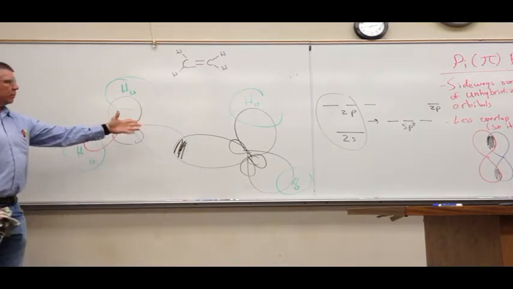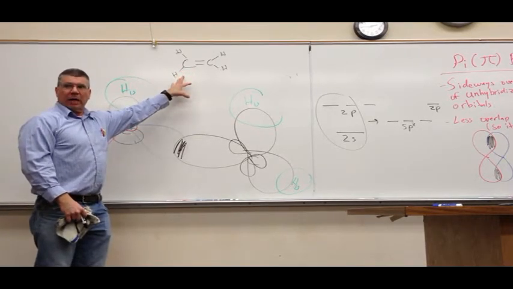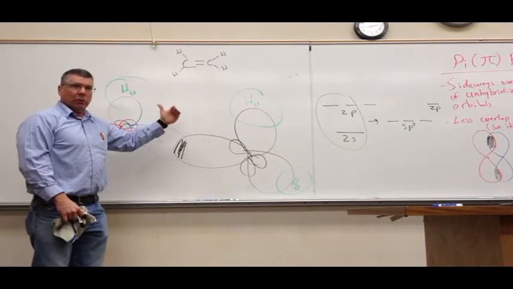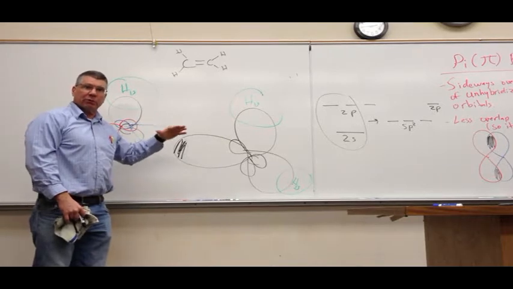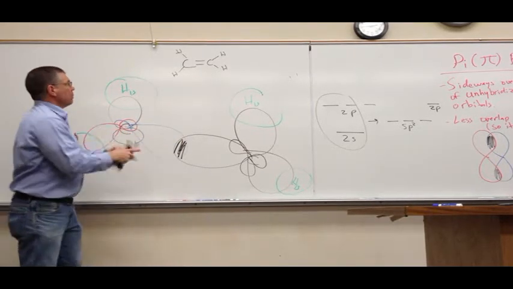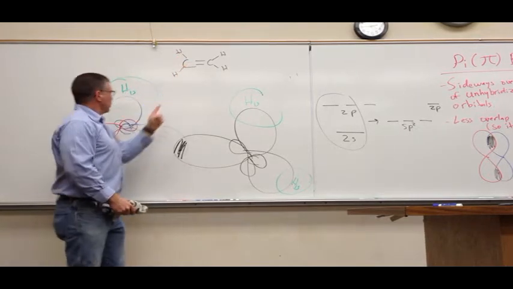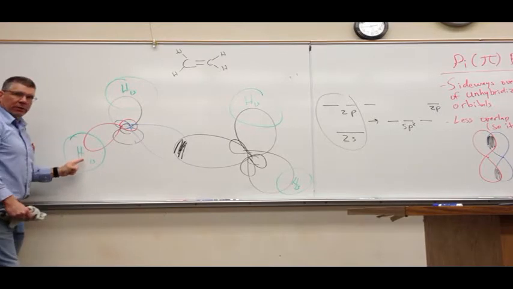What I have here is the sigma framework for this molecule. I have all the sigma bonds shown by the head-on overlap of these orbitals. On this carbon, there are 3 sigma bonds. 2 of them to hydrogens, right? That will be here and here.